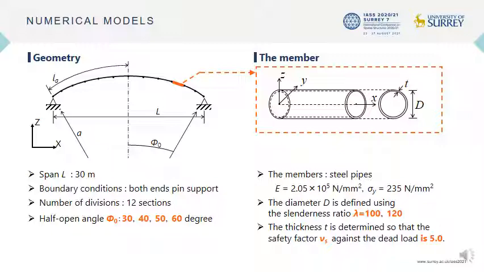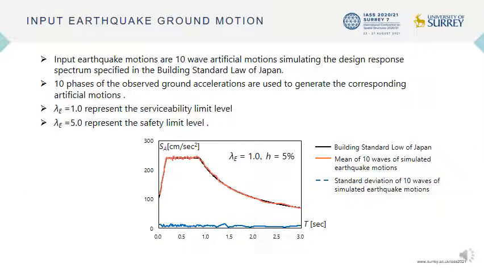The thickness is defined so that the safety factor against dead load is 5.0. The input earthquake motion are 10-wave artificial motion simulating the design response spectrum specified in the building standard law of Japan. This figure shows the design response spectrum.